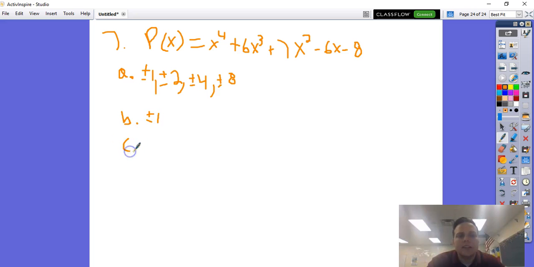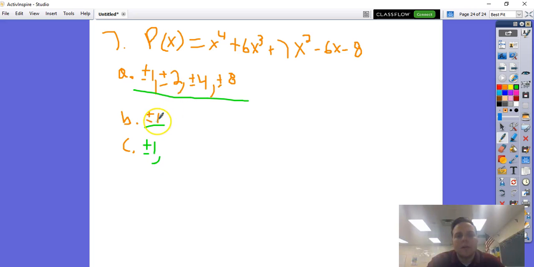Part C says P over Q. So basically you have to take all the factors from P and divide them by all the factors of Q. Q only has one factor, I mean, two factors, plus or minus 1. Plus or minus 1 divided by plus or minus 1 is plus or minus 1.